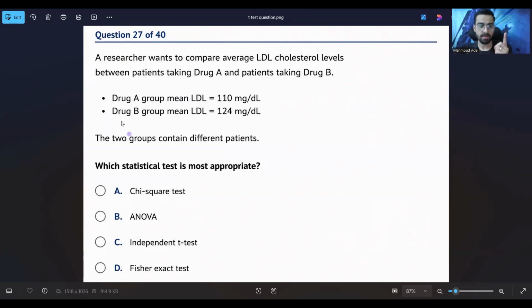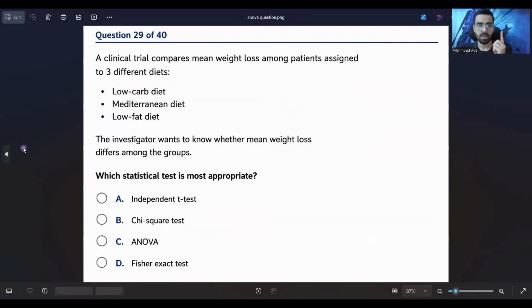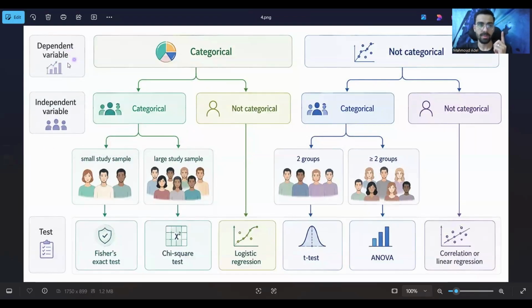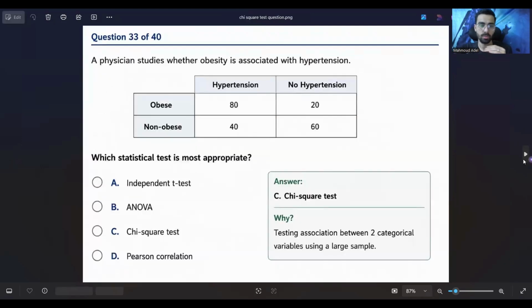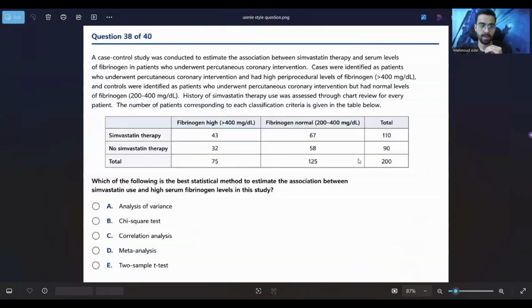Your independent variable is the drug, which is categorical, and your dependent variable is the mean LDL, which is numerical, and you have two groups. So dependent variable numerical, categorical independent variable, and two groups. The answer is t-test. Super easy, super simple.